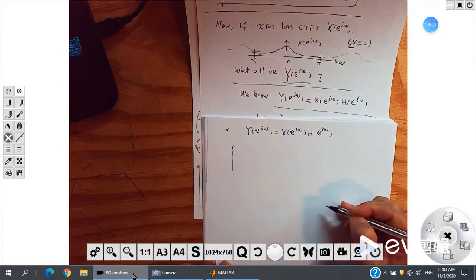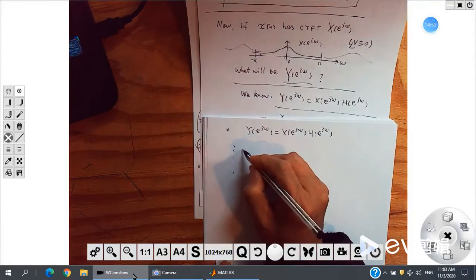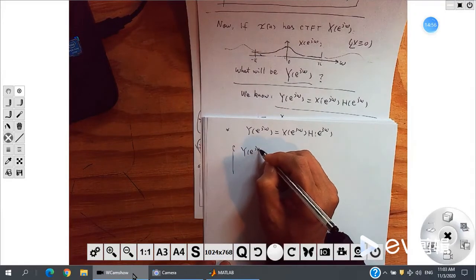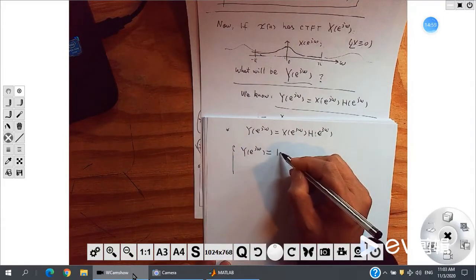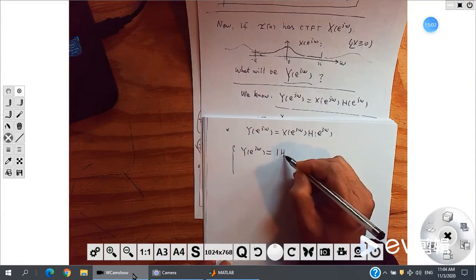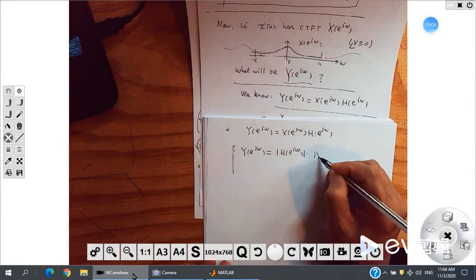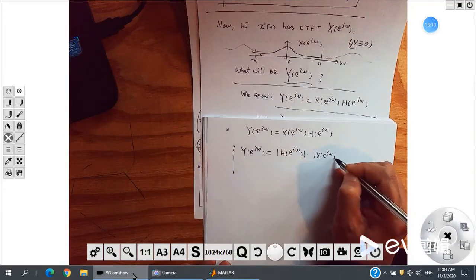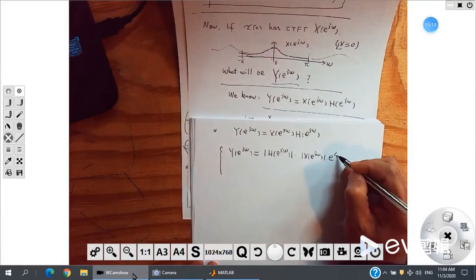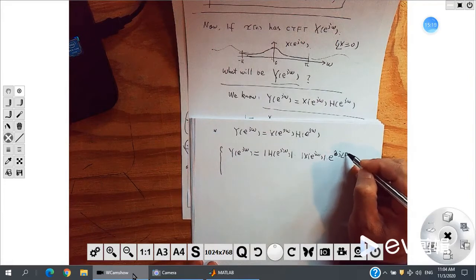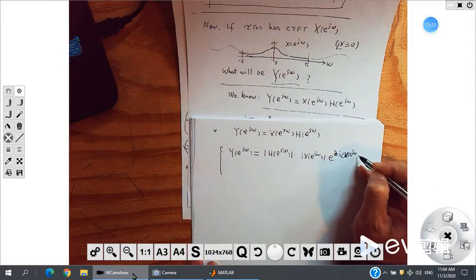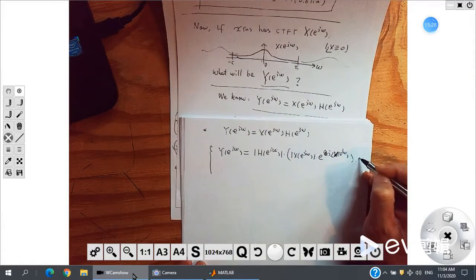I can write it in a more complex form. Y(e^{jω}) equals the magnitude of H(e^{jω}), then times the magnitude of X(e^{jω}), times e^{j angle of X(e^{jω})}, and times e^{j angle of H}.